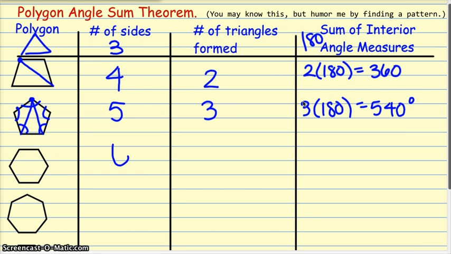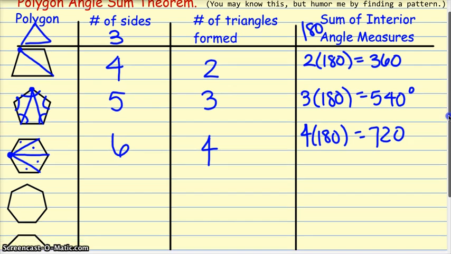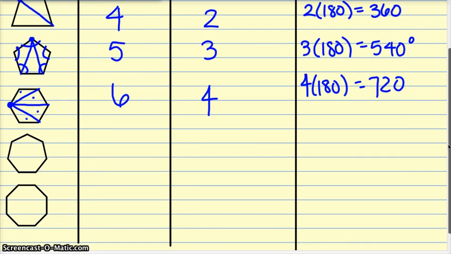A hexagon has 6 sides. Pick any vertex you'd like and go across the figure to each of the other diagonals. We created 1, 2, 3, 4 triangles. If each triangle is 180 degrees, then it ends up equaling 4 times 180, which is 720. This next figure has 7 sides.